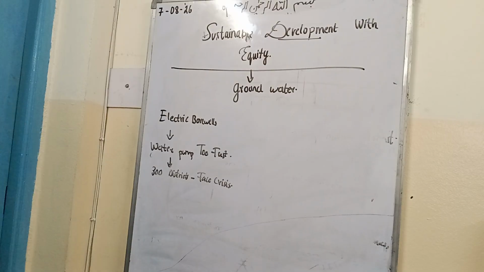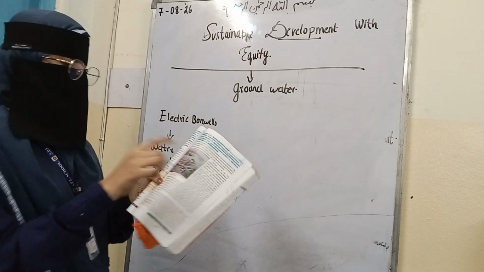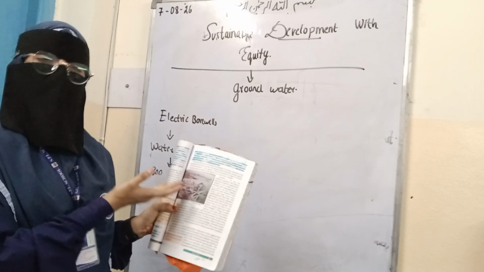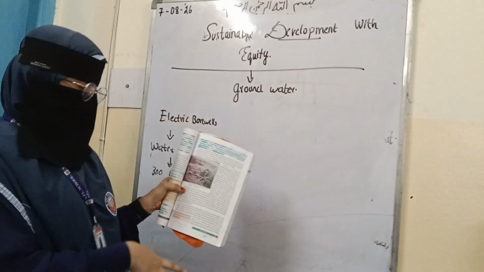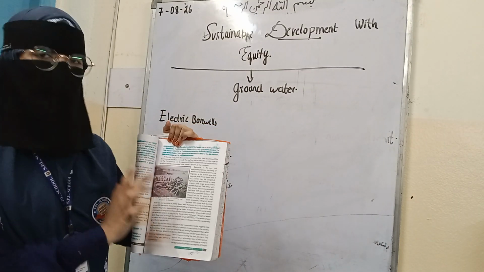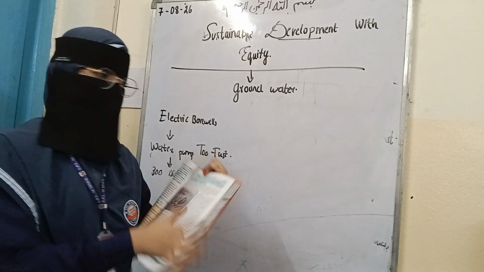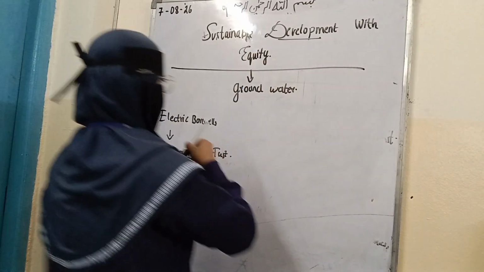So now I showed you Rajasthan, an old photo of 1957, a few years back. Here a method of irrigation is used which is called motabag.